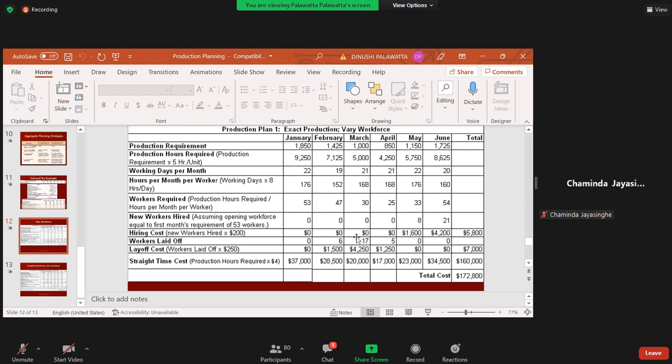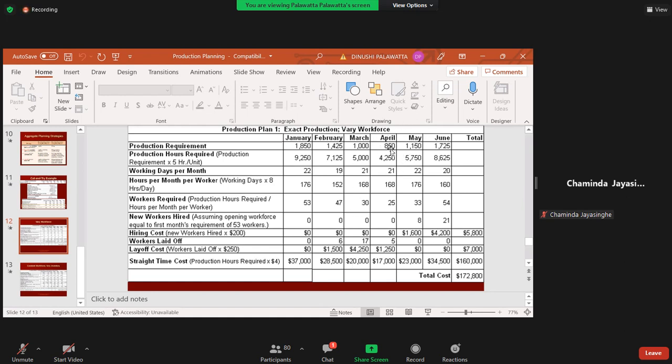Then you have to fire 17 workers. 17 multiplied by 250, you get 4,250. And then 5,000 multiplied by 4, sorry, that is 20,000. So in March you have a high layoff cost and a straight time cost of 20,000.